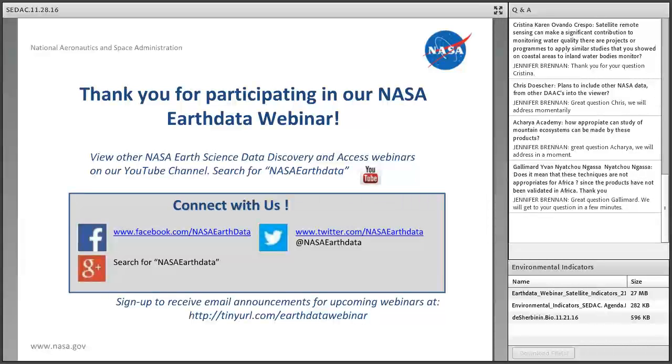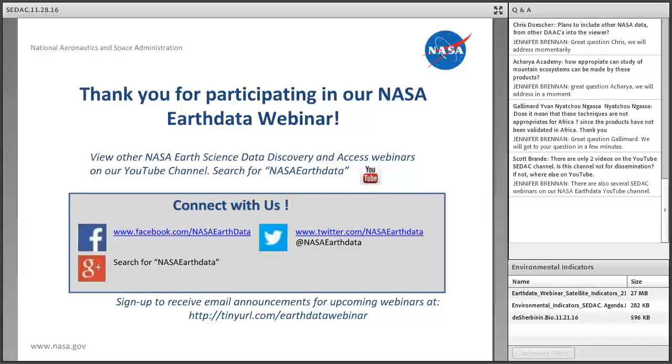NASA Worldview? Worldview. But Worldview is a very nice and very slick interface for viewing near real-time satellite data, and we also provide a number of these data layers in that tool.